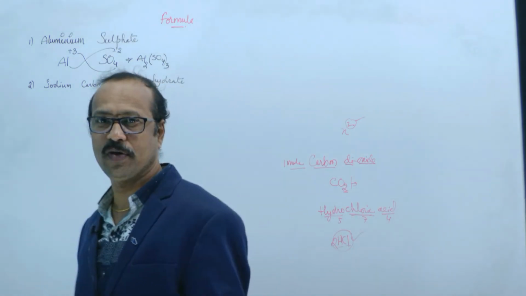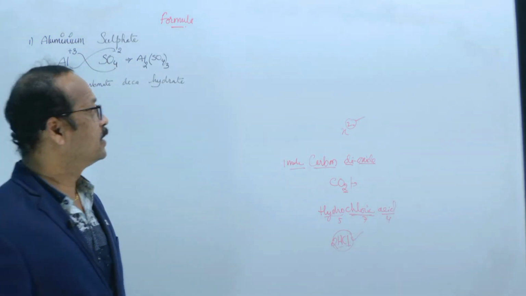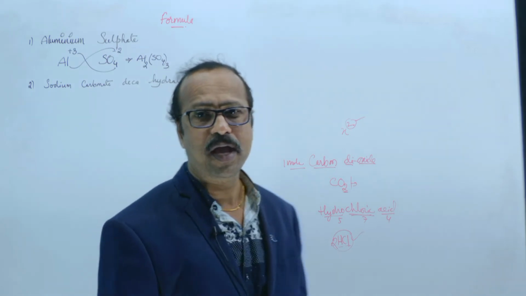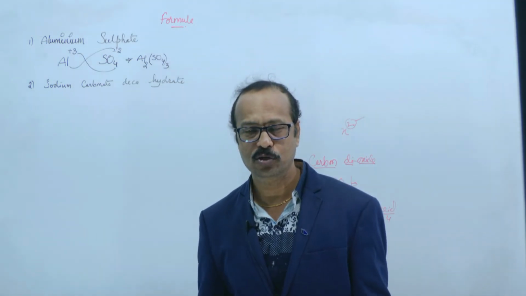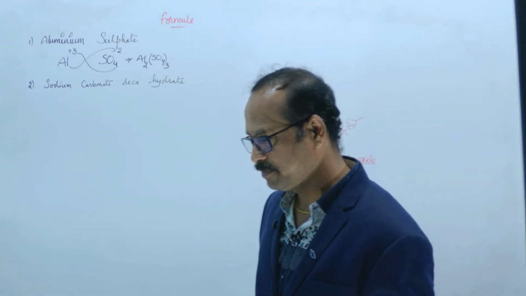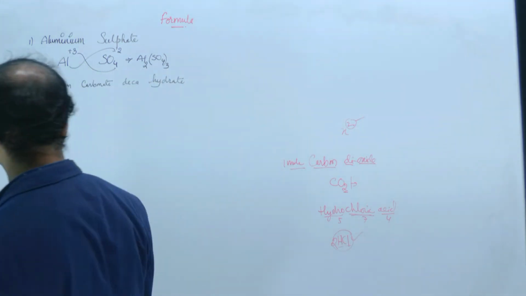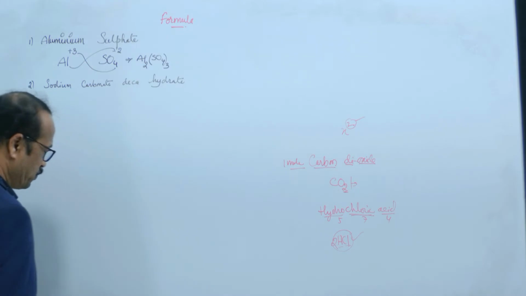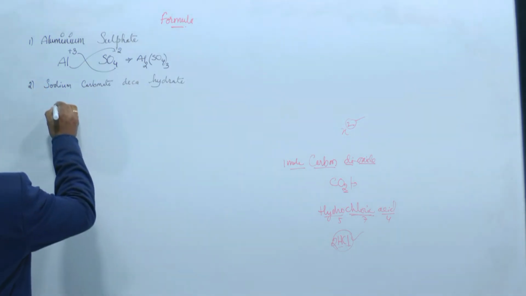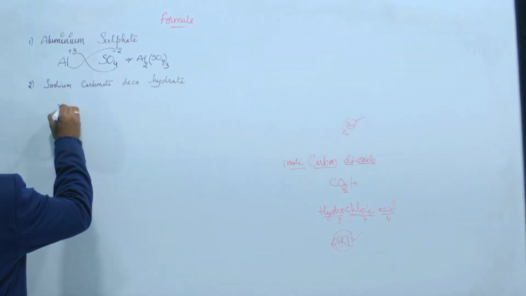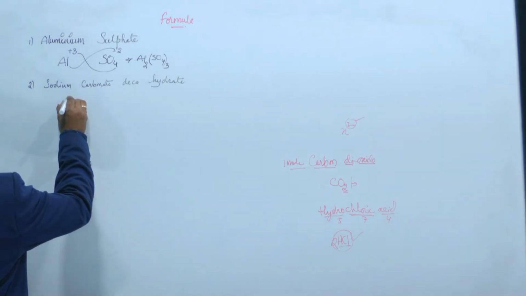Come on, refer and write. I'll give you 1 minute, and within 1 minute you need to write and show. Come on, fast. Sodium. Open the synopsis 4. Just search and write. I am writing here.